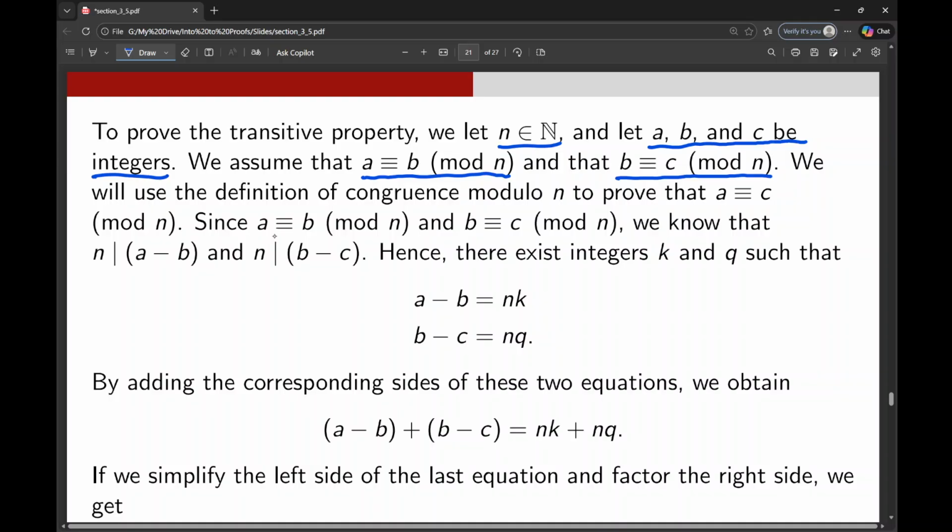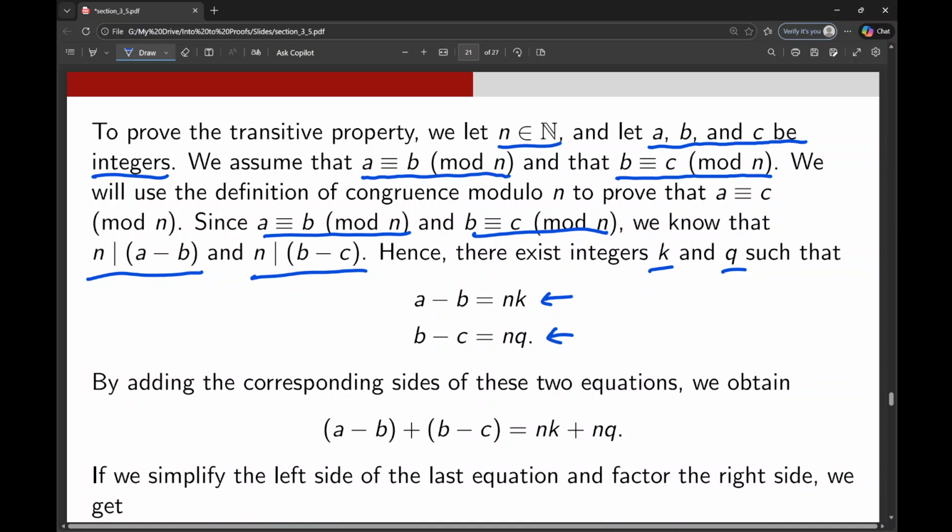So now I want to unpack this definition. Unpack means that n divides a minus b, and n divides b minus c. So then there exist integers k and q such that a minus b is nk, and b minus c is nq.